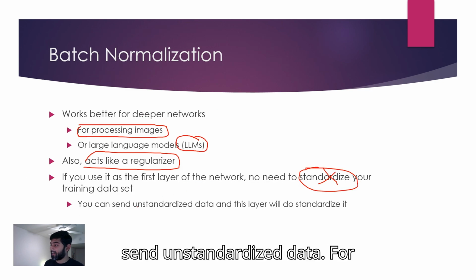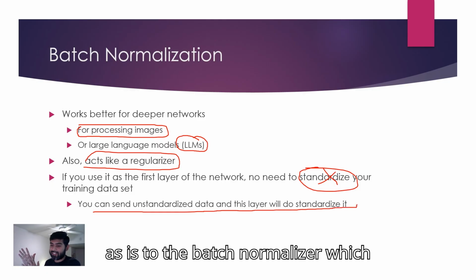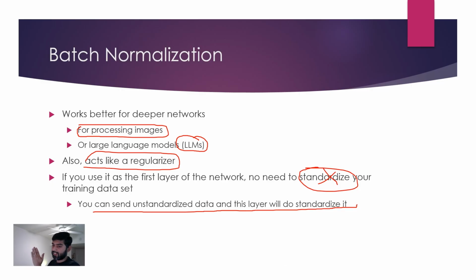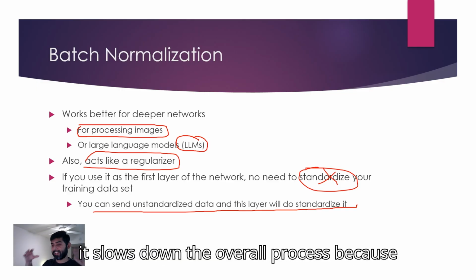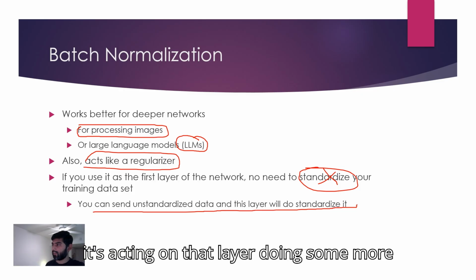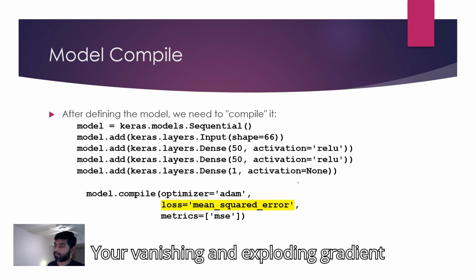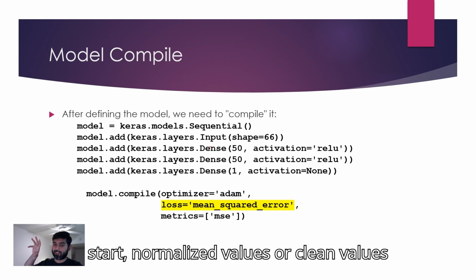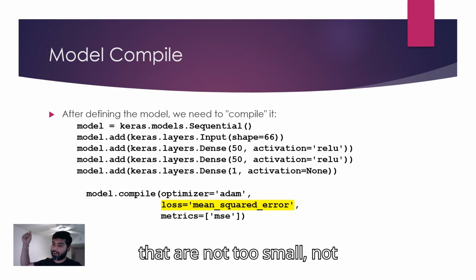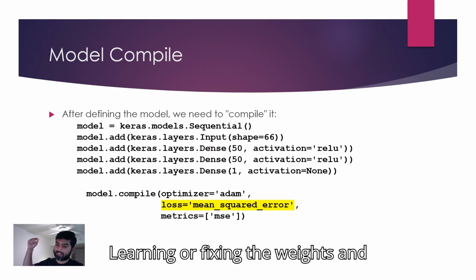You can send unstandardized data. For example, you can send the text as is to the batch normalizer, which regularizes it on the input layer. The disadvantage is it slows down the overall process because it's acting on that layer, doing some more math on it. So batch normalization reduces your vanishing and exploding gradient problem because it's giving a fresh start with normalized, clean values that are not too small, not too large, during the process of learning or fixing the weights and biases.